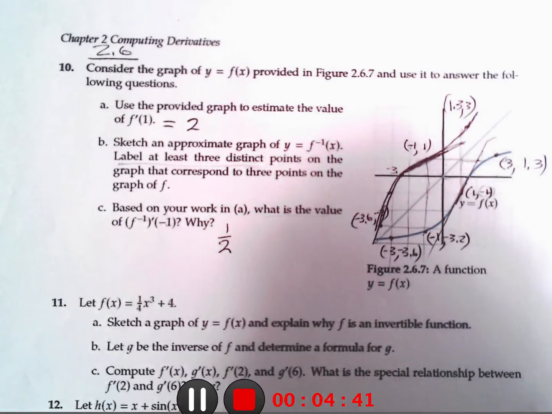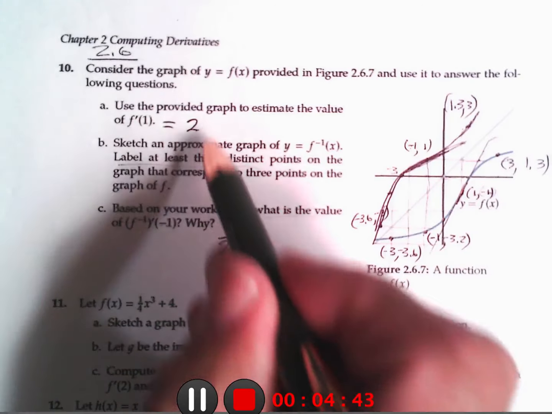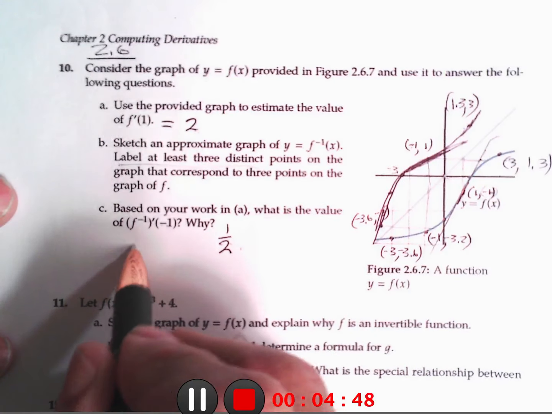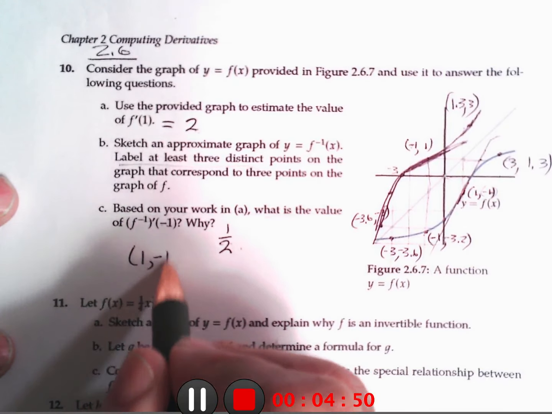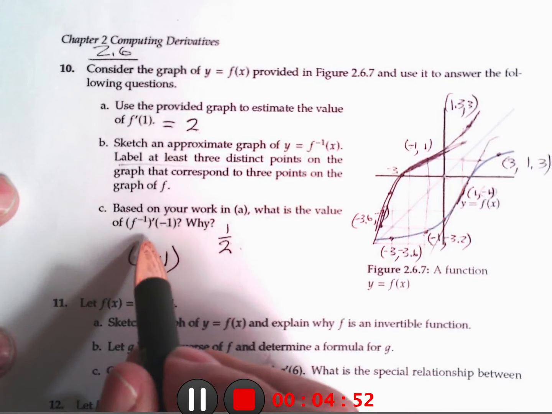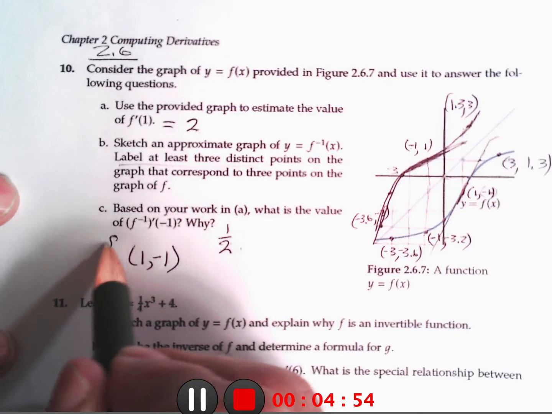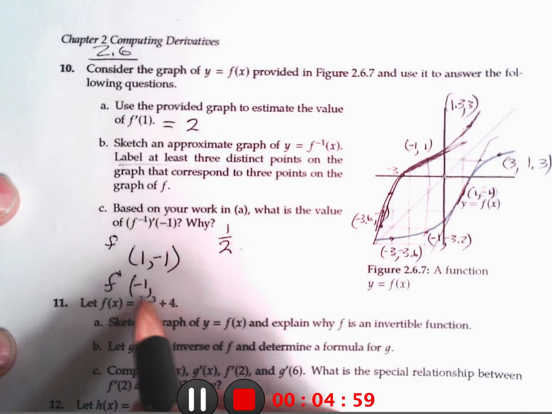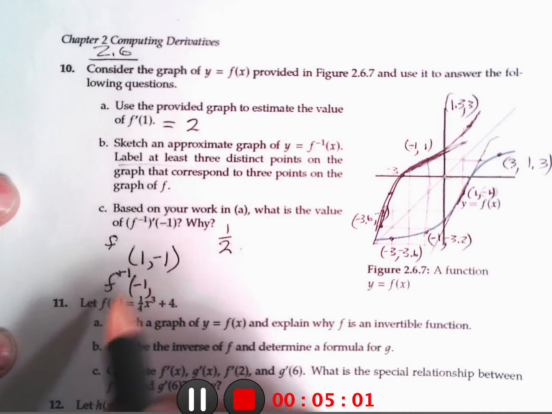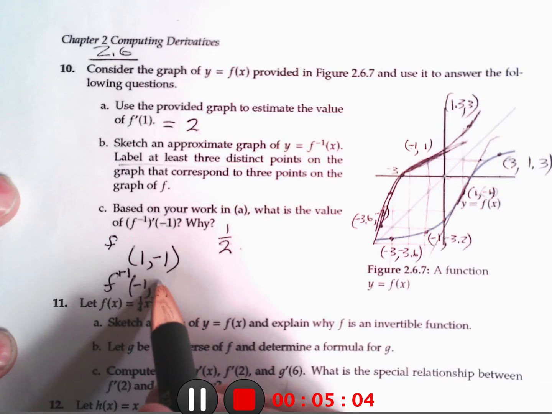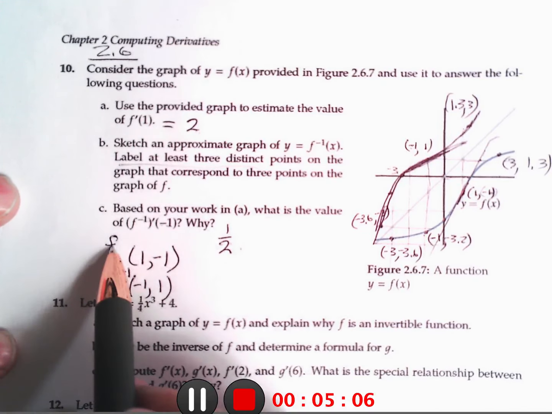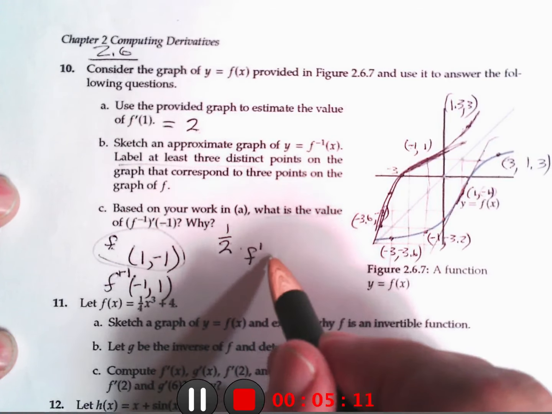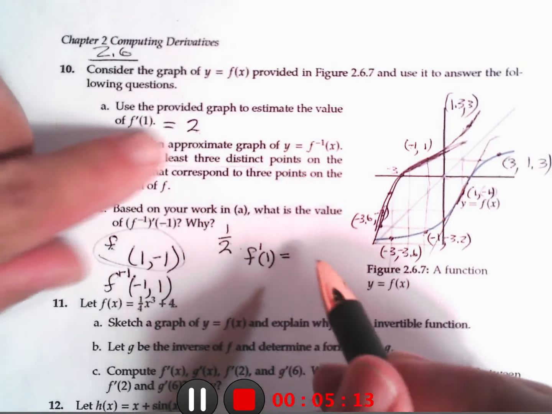So these are reciprocals of each other. Let me say that again. The point on f is 1, negative 1, and on f inverse it is negative 1, 1. And the slope of f at 1, f prime of 1, was 2.